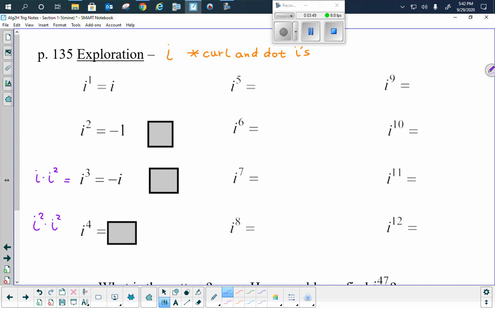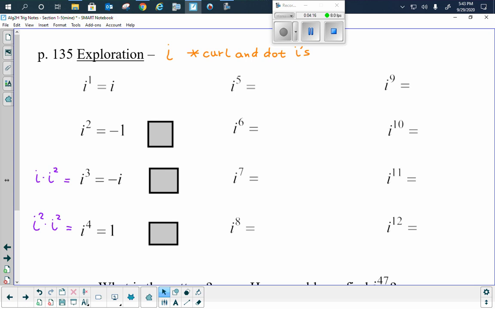Because you multiply like bases, you add exponents. And i squared is -1, times -1 would give us +1. Your other option is i cubed times i, but whatever makes it the simplest.